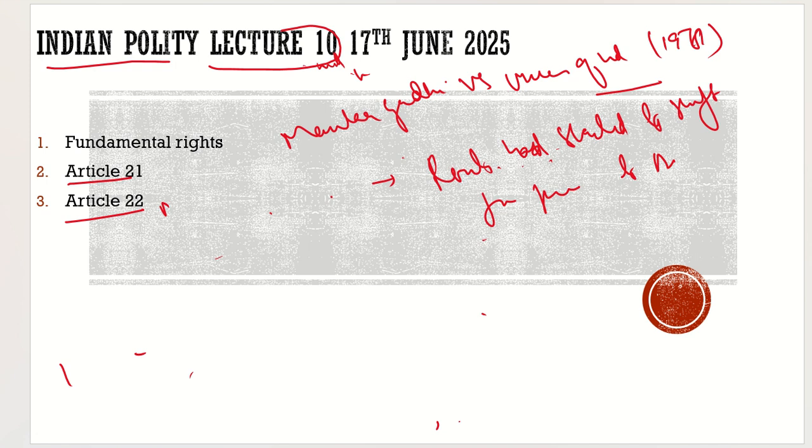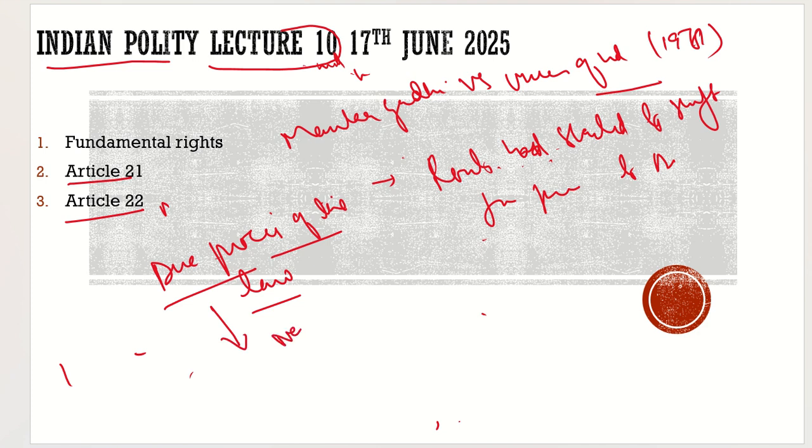The court said that this due process of the law, what is it? There is something called natural justice. And this natural justice and due process of the law are very much equal.